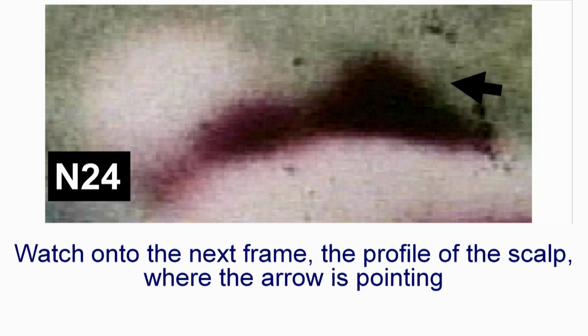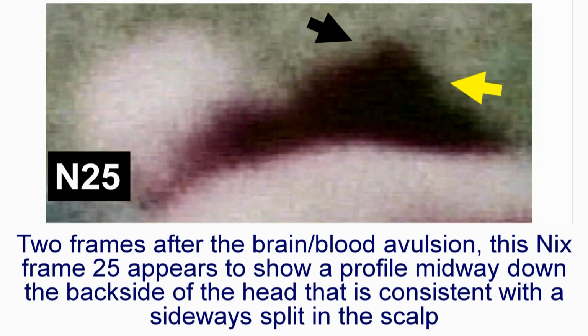Watch the profile of the scalp midway down the back of the head. Also watch, in the frame after this one, the profile of the scalp at the upper edge of the back of the head. See how 2 frames after the burst, the profile midway down the back of the head briefly does have a shape consistent with a sideways rip in the scalp.